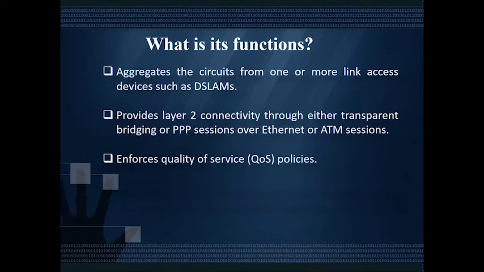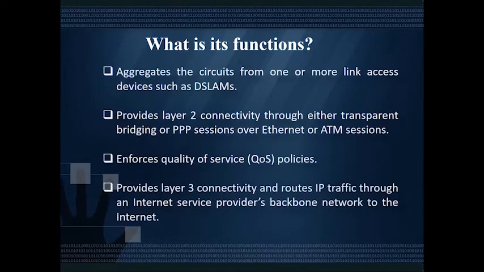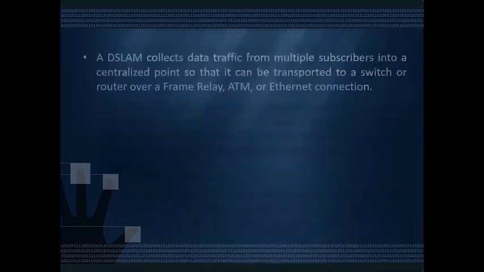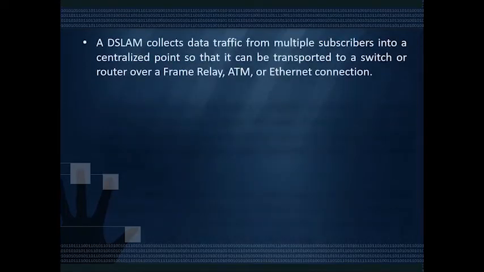It enforces QoS policies. It provides layer 3 connectivity and routes IP traffic through an internet service provider's backbone network to the internet. A DSLAM collects data traffic from multiple subscribers into a centralized point. It can be transported to a switch or router over a frame relay, ATM, or Ethernet connection.